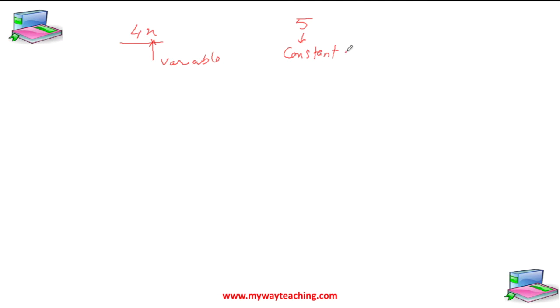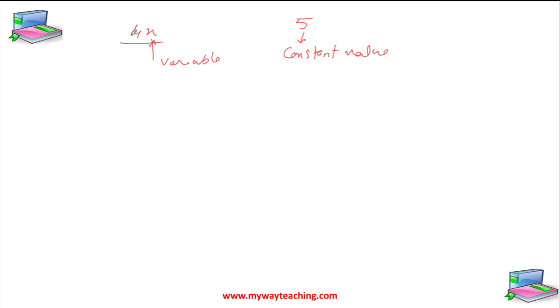Here friends, we know that if we say 4x, what is the meaning of this? This x means it's a variable. If we say 5, this 5 is the constant value, because wherever we write that 5, it's a constant, always 5.